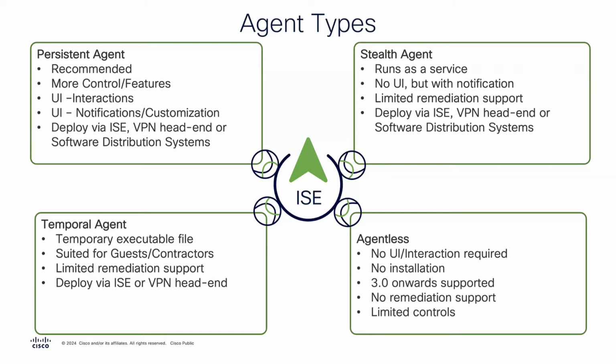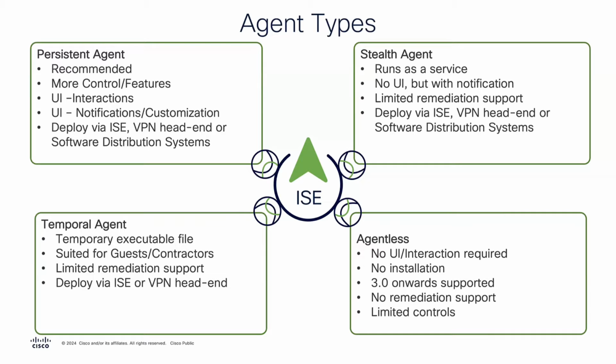Because there is no agent, there is no UI, and no user interaction is required as well. However, because of no UI and no user interaction, there are very limited features and limited controls available in the Agentless. We're going to be covering the configuration aspect of each and every agent type.